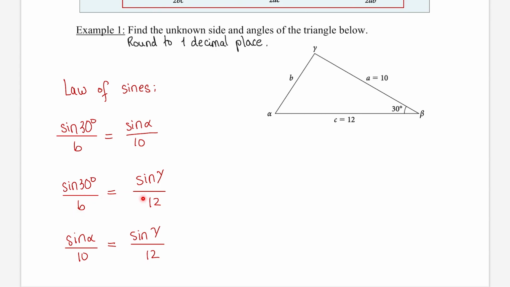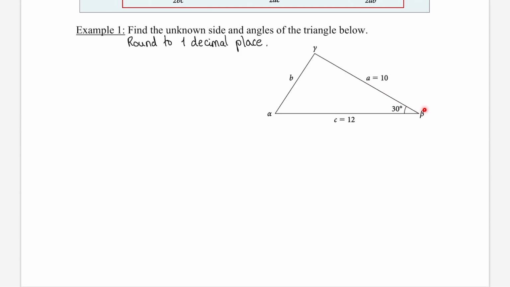I have unknowns gamma and B. I will not be able to solve for anything from here. And sine of alpha over 10 equals sine of gamma over 12. I have unknown alpha and unknown gamma. So this is why I cannot use law of sines. I have to use law of cosines in this particular example.